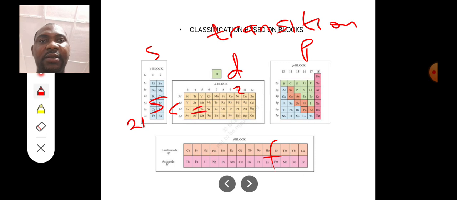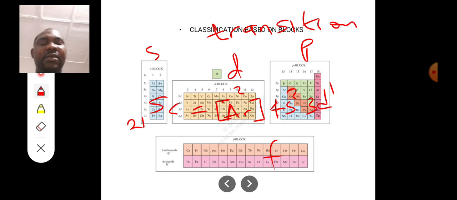The configuration, I can simply say argon, because argon is 18, so after argon I should have 4s2, which is 20. Then after that it should be 3d1, which is 21. So that's the configuration for scandium, and that's the same way you can write it for the others.